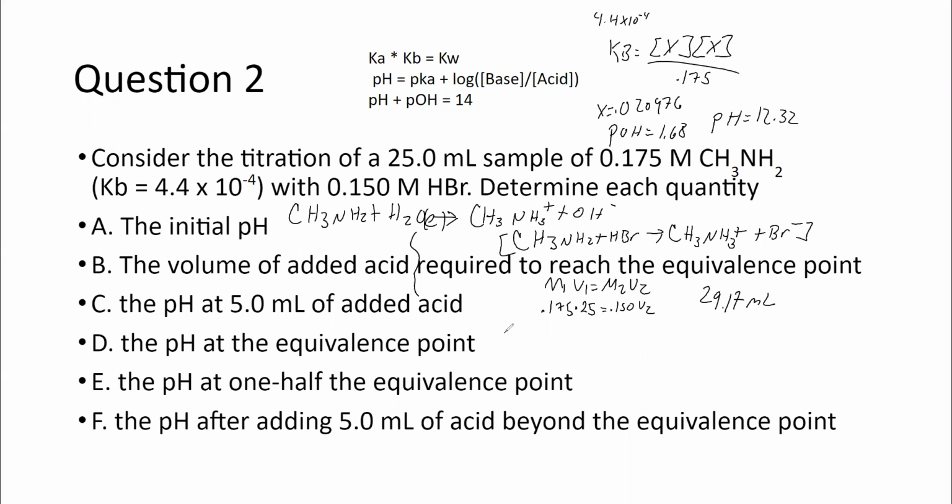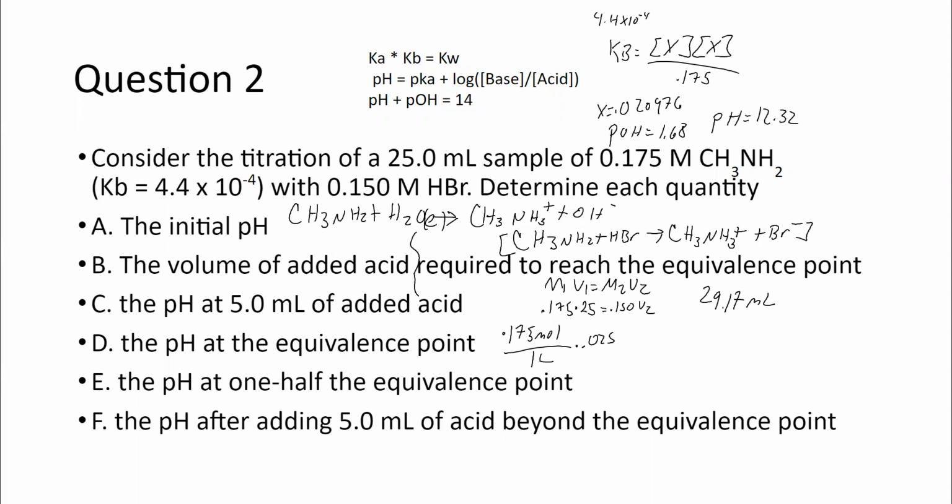So the amount of moles I start with of my base, I have to convert that from molarity. There's my molarity, 0.175 moles divided by 1 liter, multiplied by how many liters I have, 0.025. So 0.175 times 0.025.